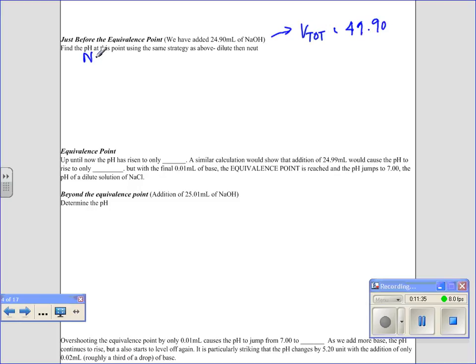Again, we've got the reaction of NaOH with HCl. I'm going to do my ICF chart. The concentration of sodium hydroxide in this solution is 0.0499, and the concentration of HCl is 0.0501.